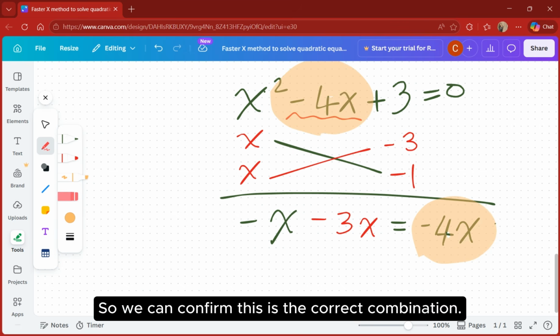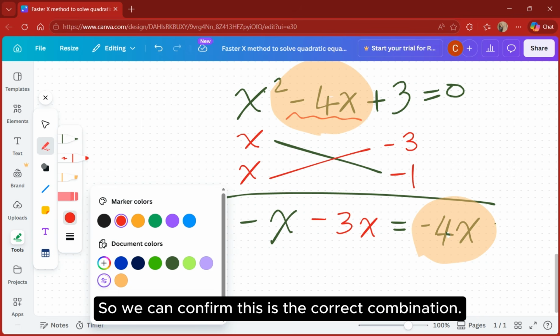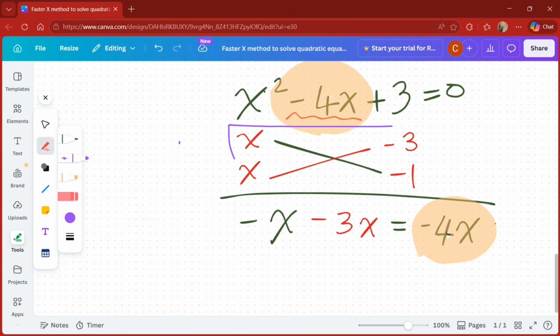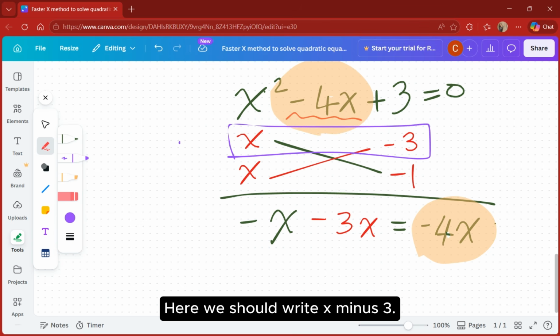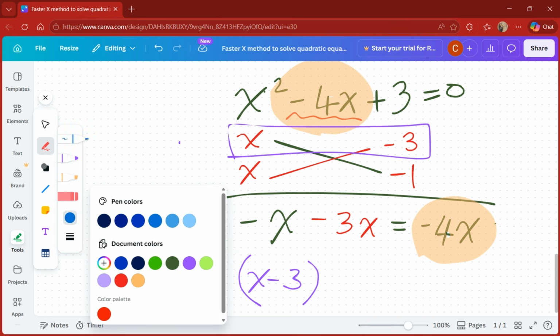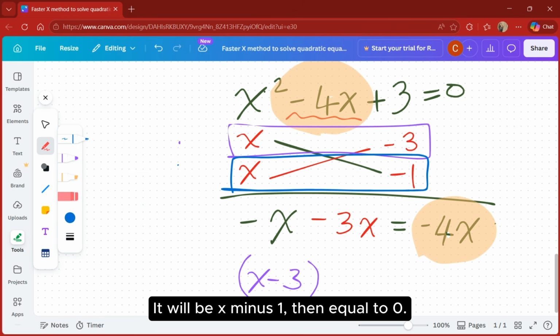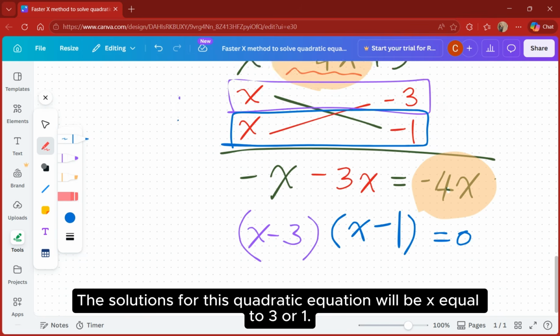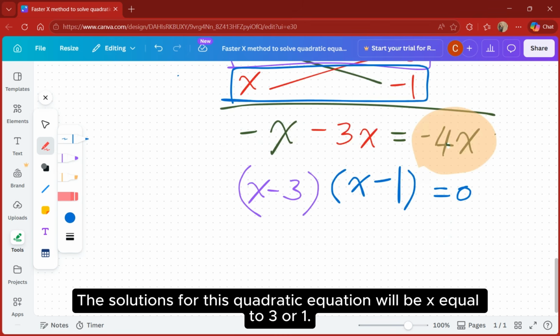So we can make sure this is the correct combination. So here we should write x minus 3. How about the other parenthesis? It will be x minus 1, then equal to 0. So the solution for this quadratic equation will be x equal to 3 or 1.